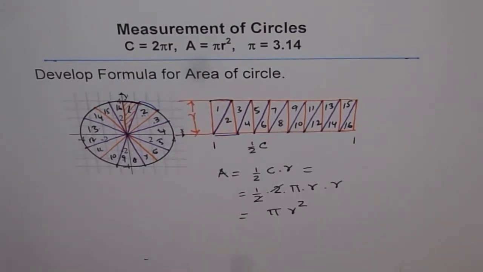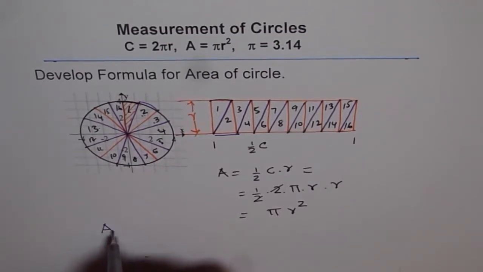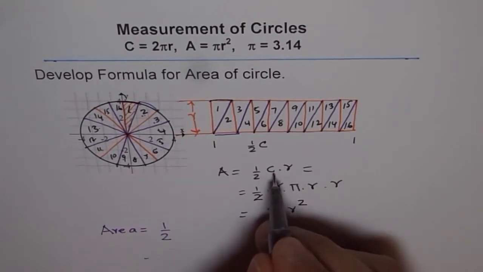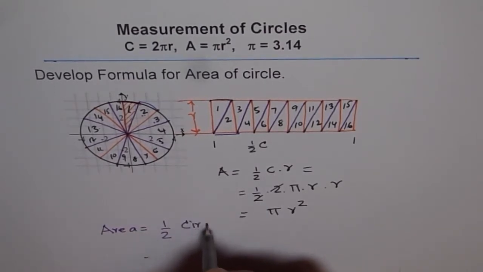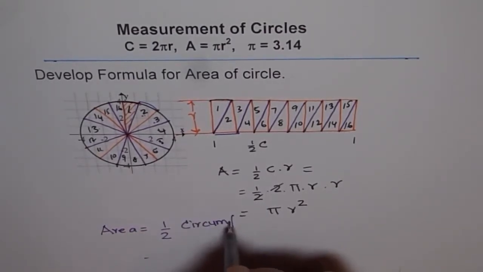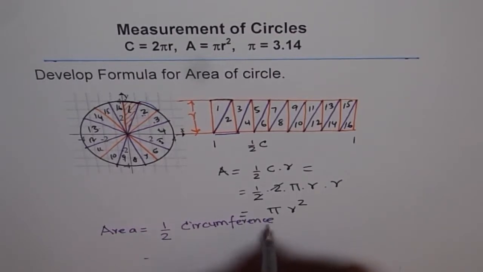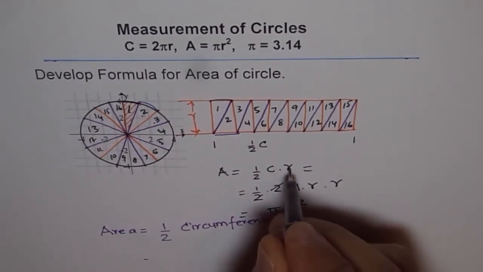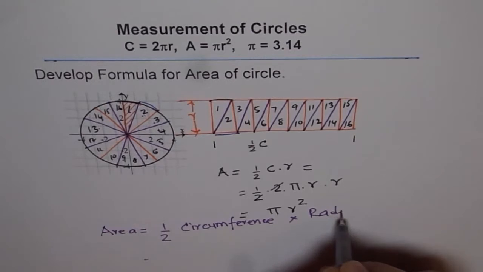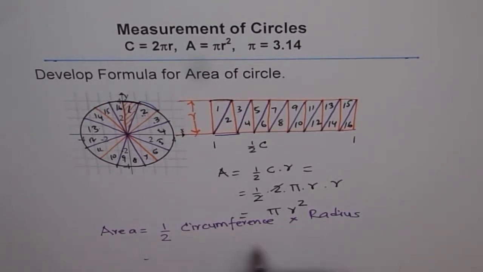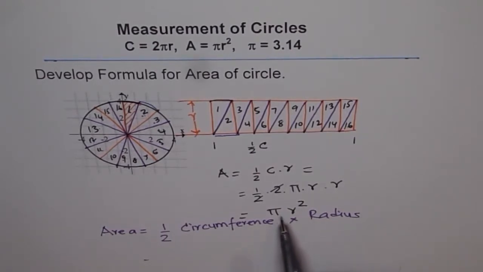Do you see that? That is the formula of area. One more important formula which we get here is area equals half of circumference times radius. Now this is a very important formula which we have got during the process of deriving our formula area equals pi r squared.